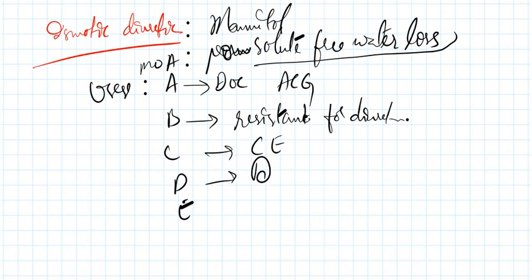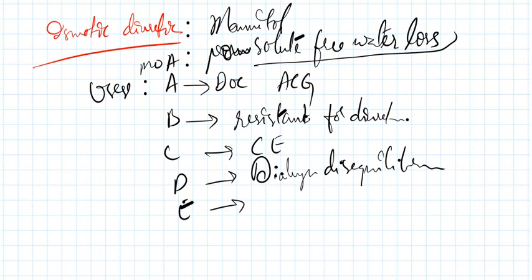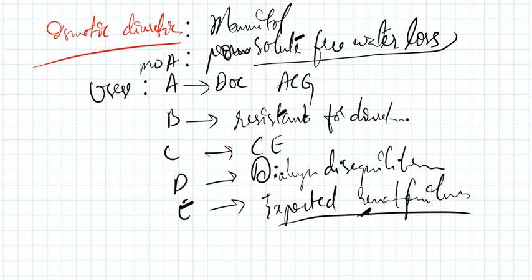If there is any dialysis imbalance or dialysis disequilibrium, then you give an osmotic diuretic. Then finally, expected renal failure. If you suspect that the patient is landing up in renal failure, then always go for mannitol, the osmotic diuretic. But if the patient has not yet landed in renal failure, only then should you give mannitol.